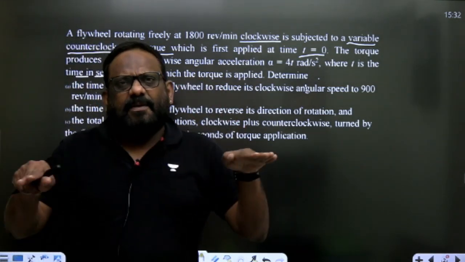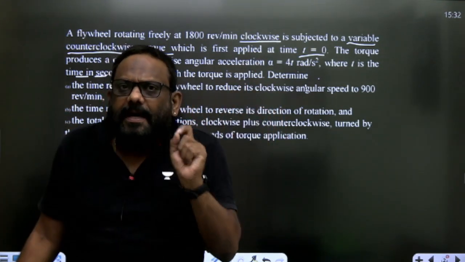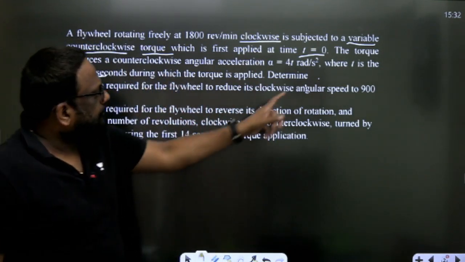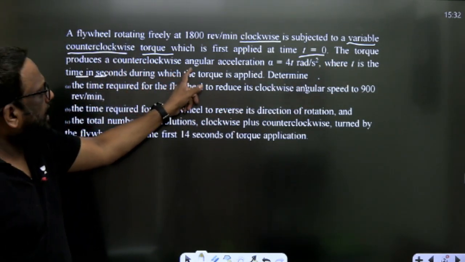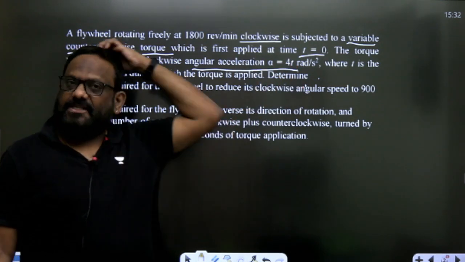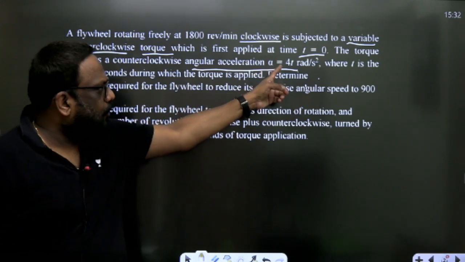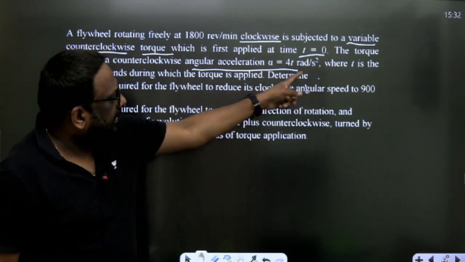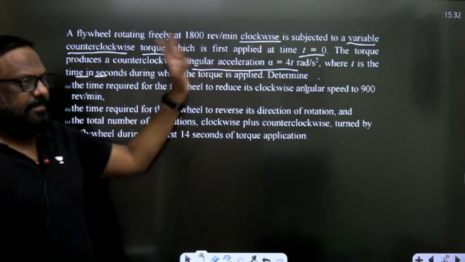When we started the experiment, the time t is 0. At that time, the flywheel was rotating at 1800 rpm clockwise. The torque produces a counterclockwise angular acceleration of 4t radian per second square. It is variable, where t is the time in seconds during which the torque is applied.